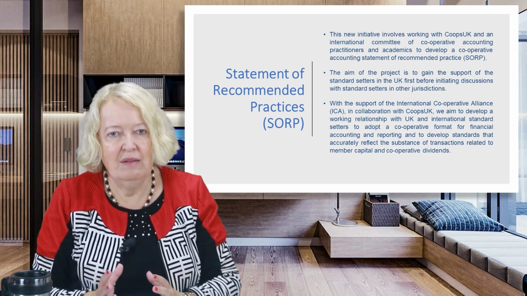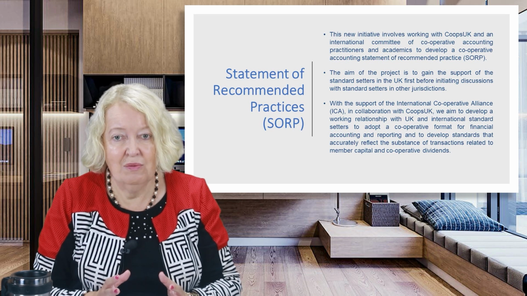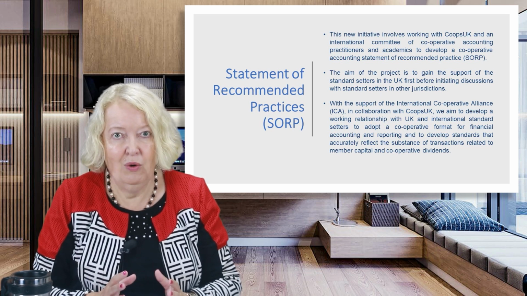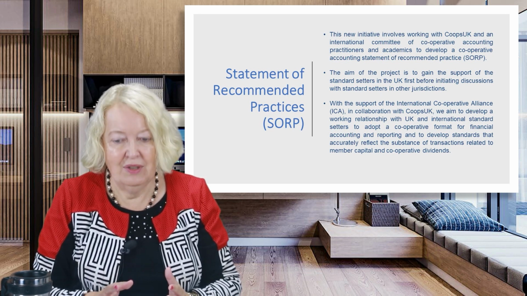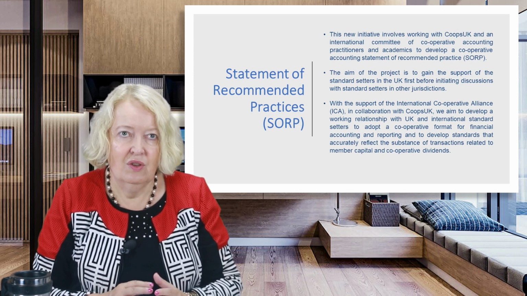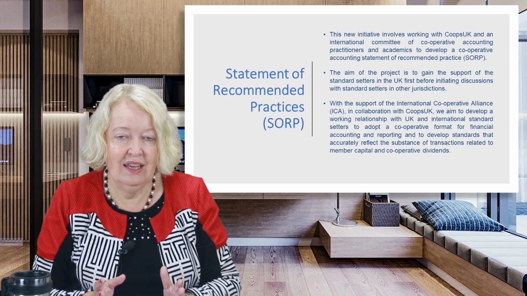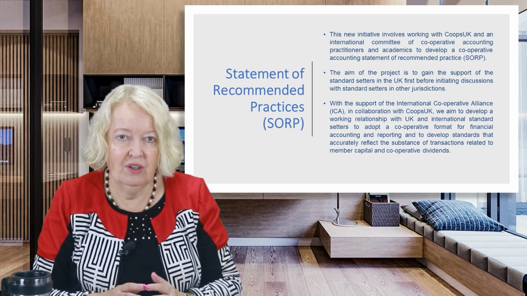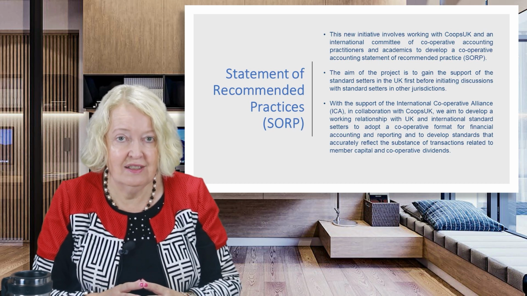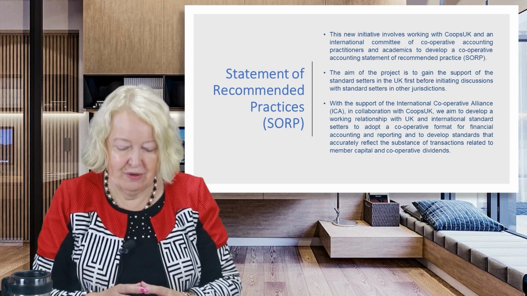So they've already demonstrated that they're willing to look at individual situations, and that's why we think they might be open to the idea of doing something for cooperatives. So the idea is to start with the UK and then hopefully expand it globally. And we have the support of the International Cooperative Alliance for this effort because they see the merit in this project as well.